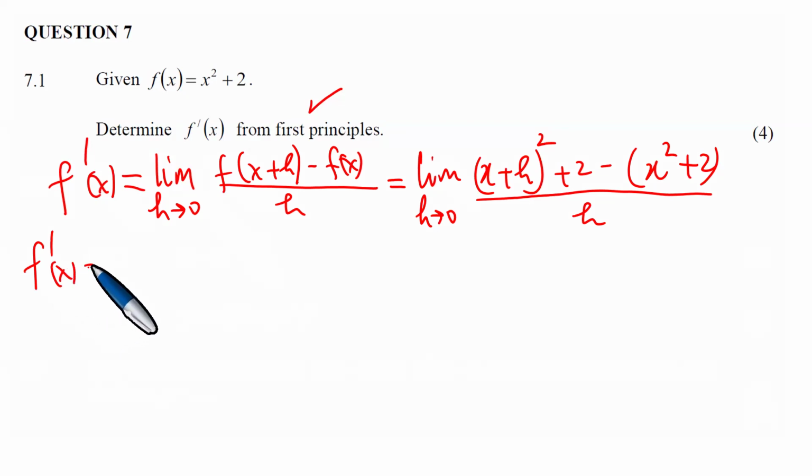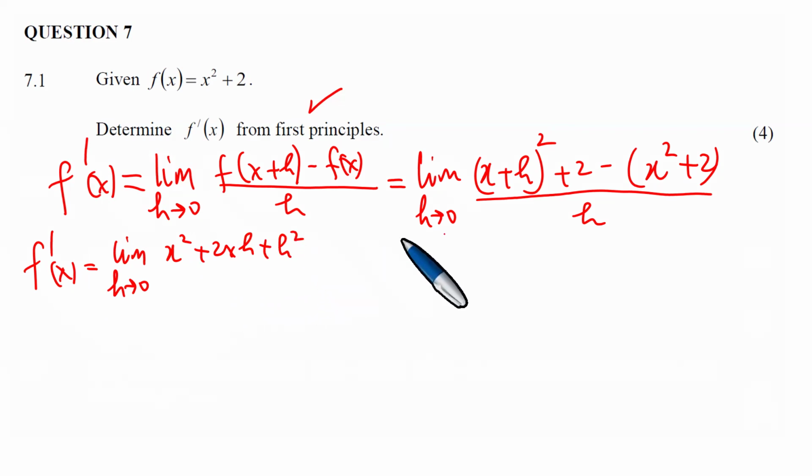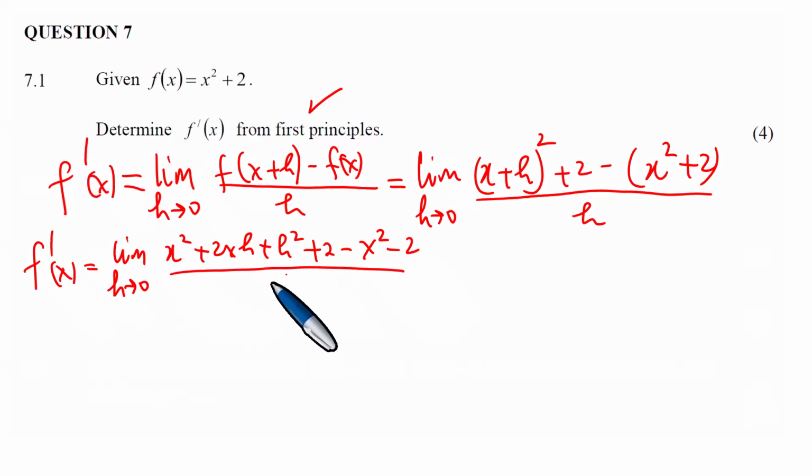Moreover, f prime of x equals the limit as h approaches 0 of x squared plus 2xh plus h squared. So if you square these, you write x squared. Next, you write 2 times x times h, which is 2xh, and you square the h. And this is plus 2 minus x squared minus 2, all divided by h.